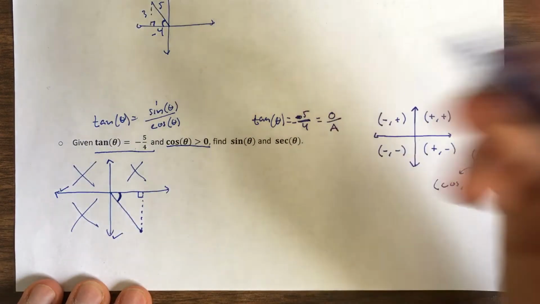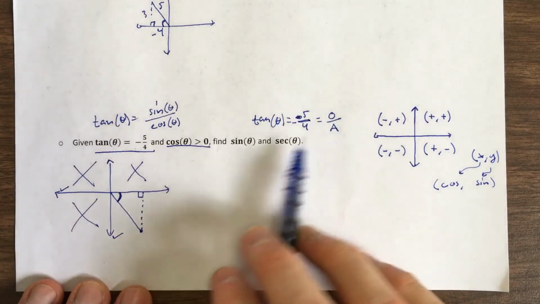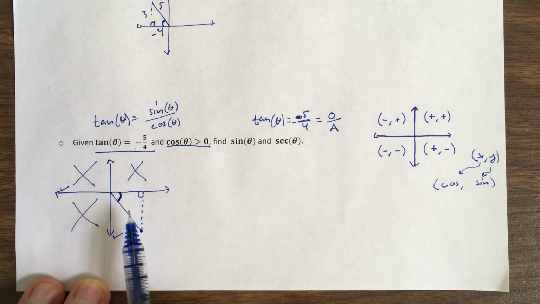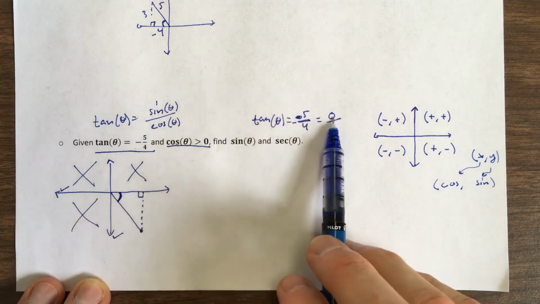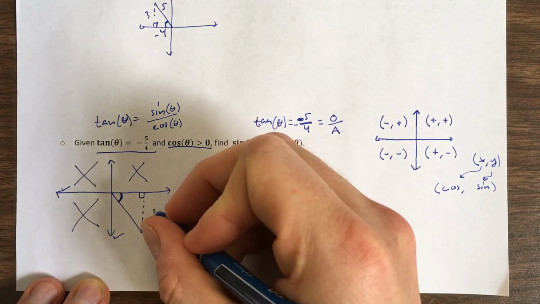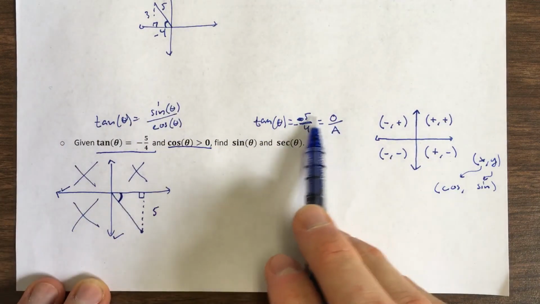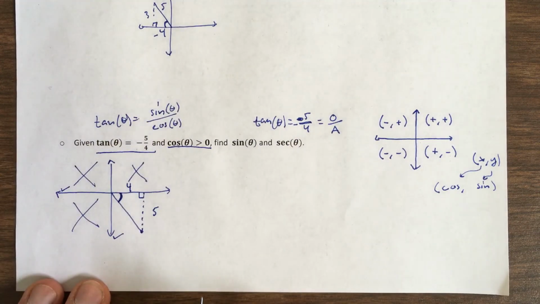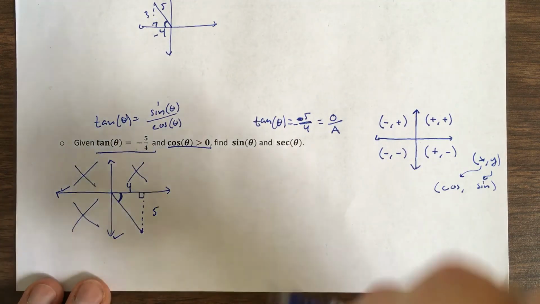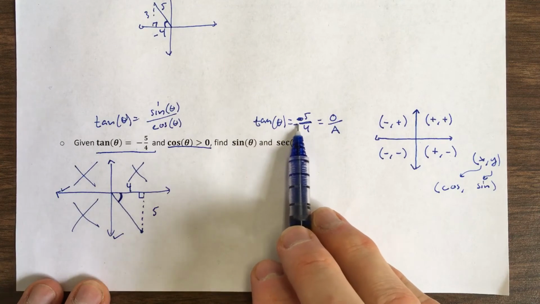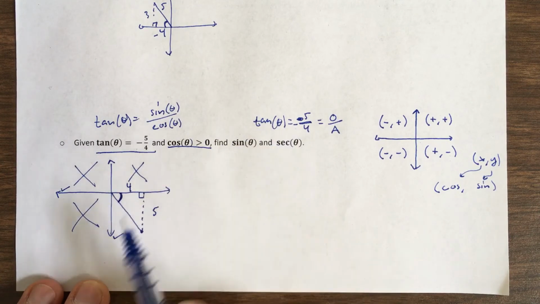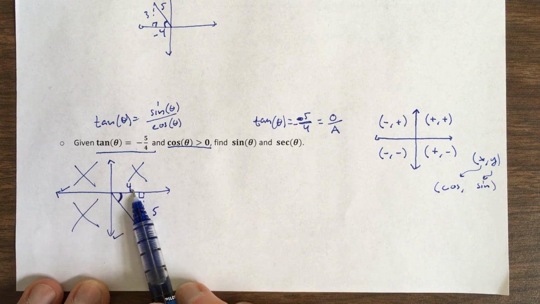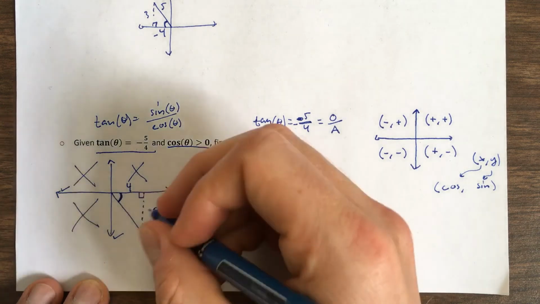I should have put it in front of the fraction. That's just habit. But if it's opposite over adjacent, and this is the angle that we're considering, then the opposite side would be here, which means the opposite side would be 5. Opposite over adjacent, and the adjacent would be 4. And in order for that to be negative, one of these values has to be negative. The 4 is positive, because if I'm moving to the right, that means the 4 would be positive. But because we're moving down, the 5 would be negative.